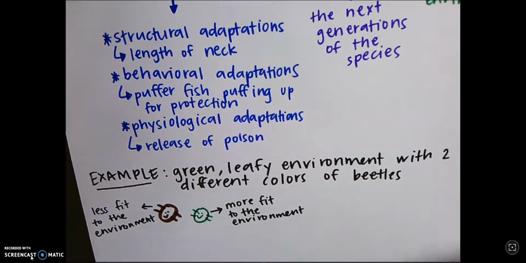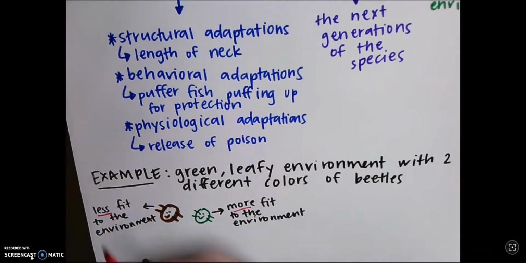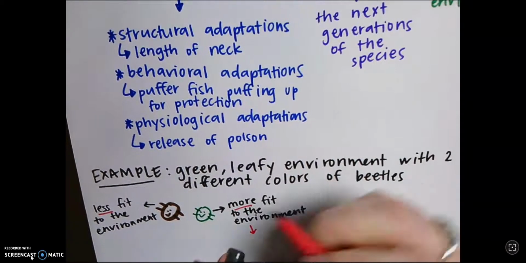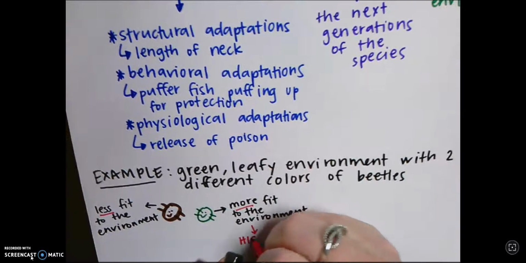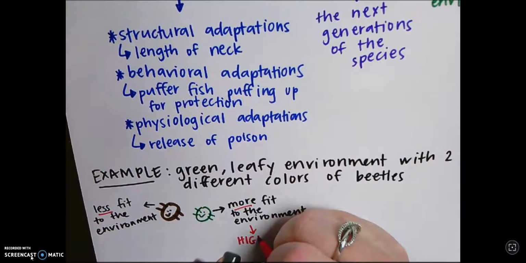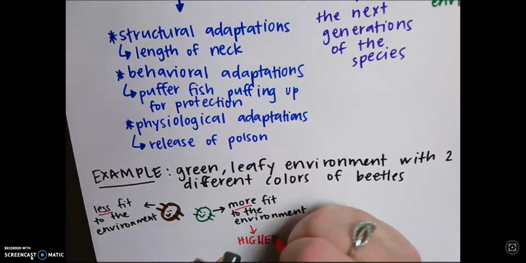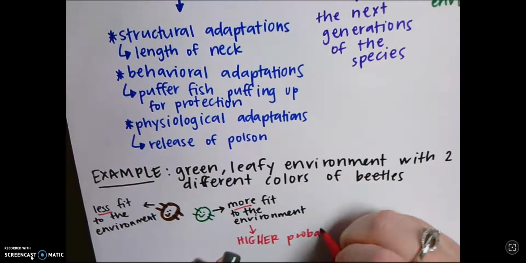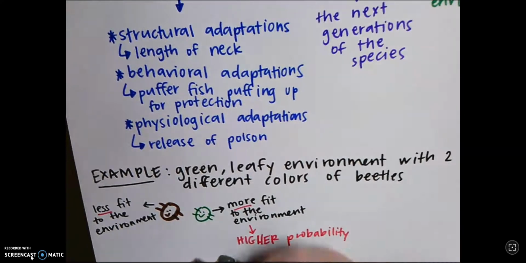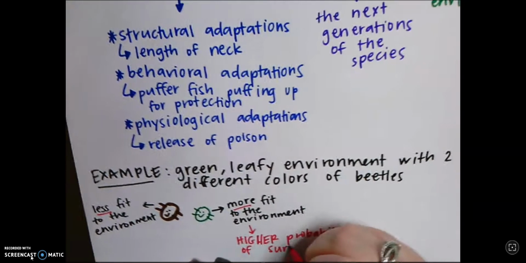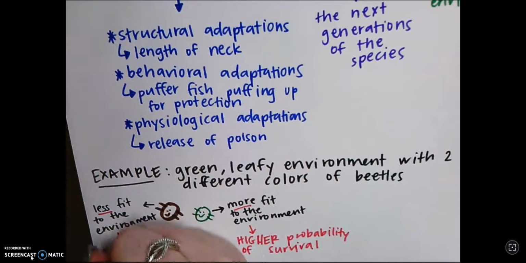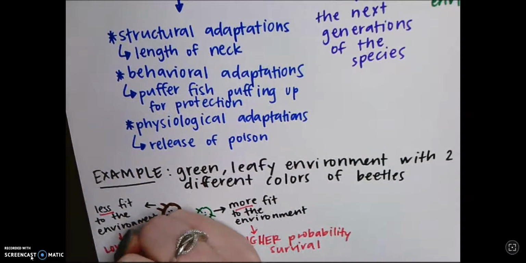So, with that in mind, I know that this beetle is more fit and this beetle is less fit. My green beetle is going to have a higher probability of survival. And my brown beetle is going to have a lower probability of survival.